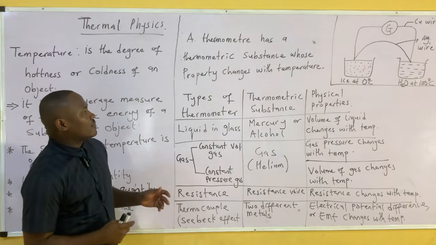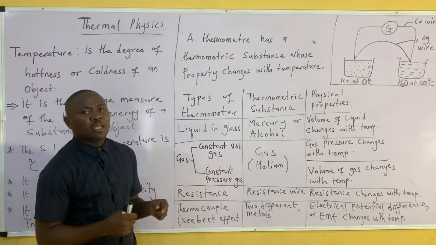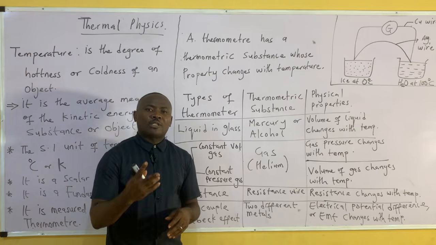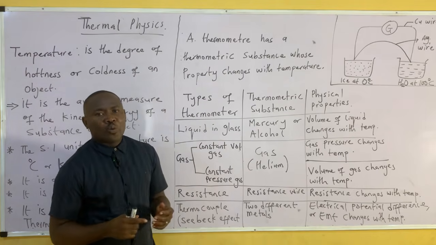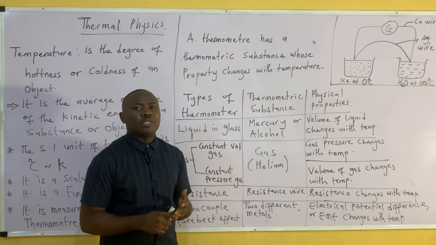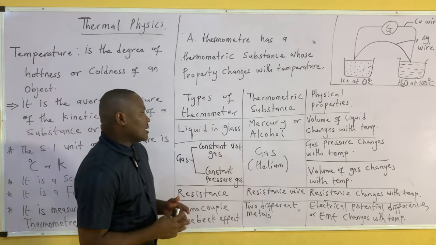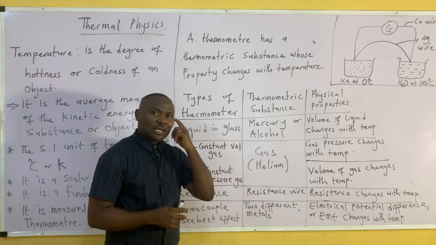The first one we have is the liquid in glass thermometer. It means in this thermometer, there is a liquid, and we have two types of liquid in glass thermometer. One, the clinical thermometer, then two, the maximum minimum thermometer, also called the Six's thermometer. These two thermometers are examples of the liquid in glass thermometer.